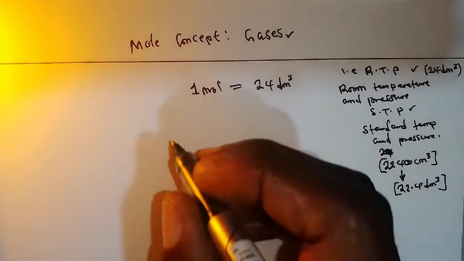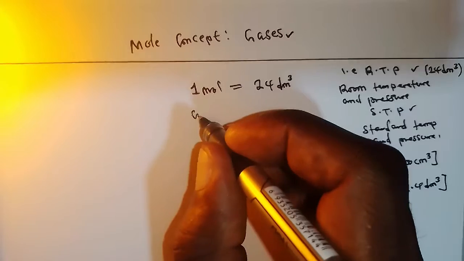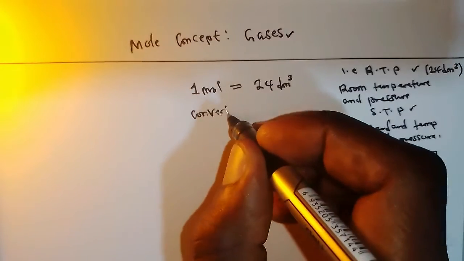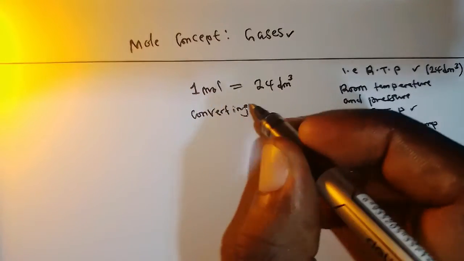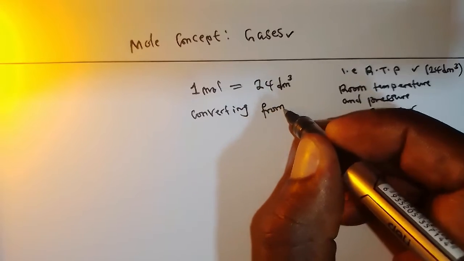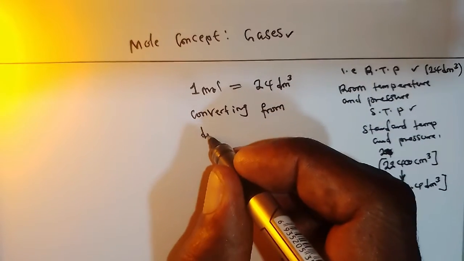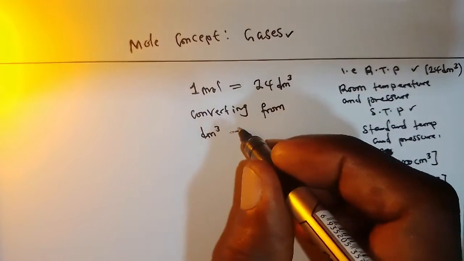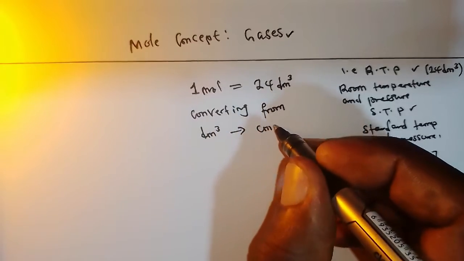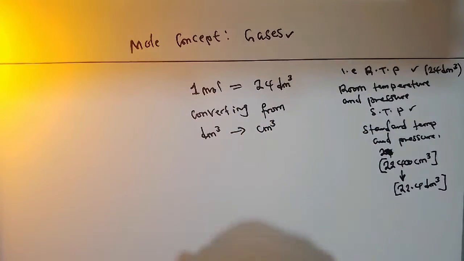Now we know how you are converting from decimeter cubic to centimeter cubic.